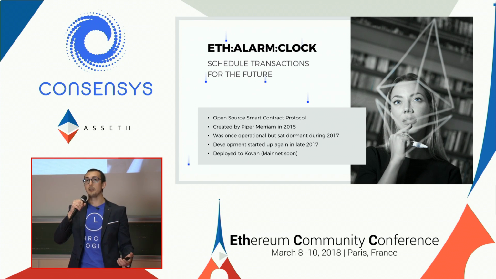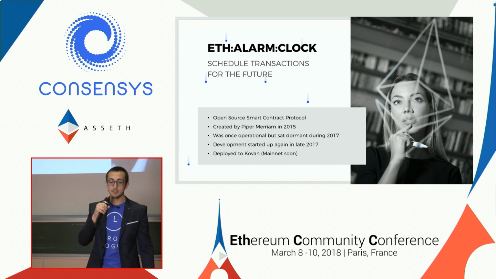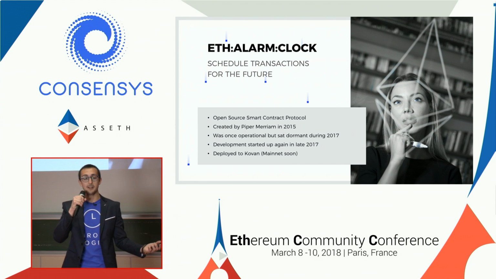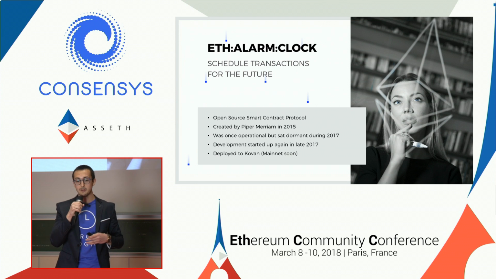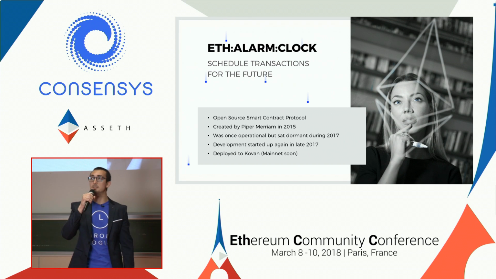Unfortunately, the alarm clock was one of the projects that fell out of use, wasn't a priority for a while. For that reason, it wasn't working. When Chronologic came around and picked it up, we rebuilt it, got it functional again, built up a ton of JavaScript tooling, rewrote the whole test suite using Truffle, and we've been building a front-end dApp that uses it, and we're hoping to get a lot more third-party integrations involved.